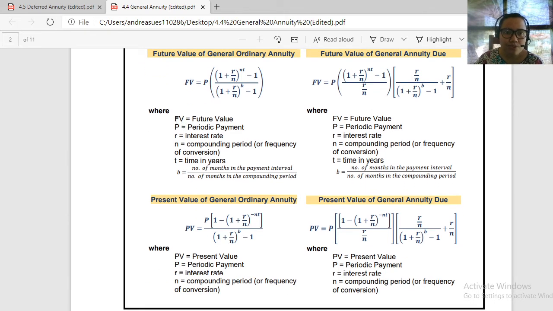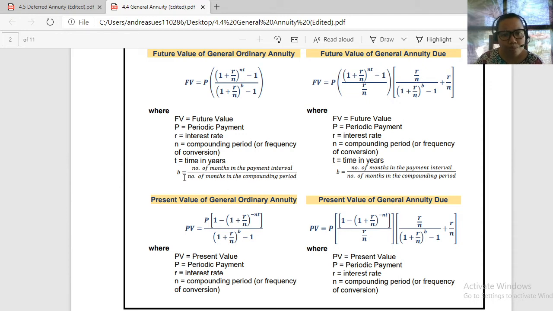First, the FV means the future value. The P means the periodic payment. The R is the interest rate. The N, compounding period or the frequency of conversion. And then the T is the time in years. The same applies to the parts of the future value of general annuity due formula.